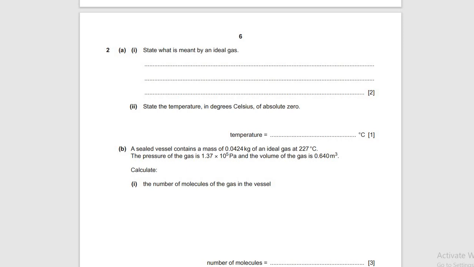The next question says state what is meant by an ideal gas. Okay. Once they ask this question, what they expect us to say is that an ideal gas is a gas that obeys the ideal gas equation.